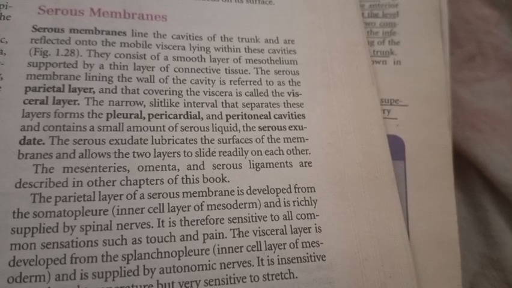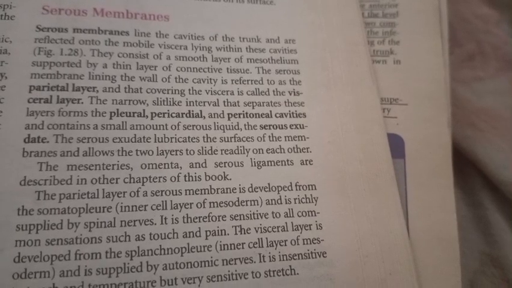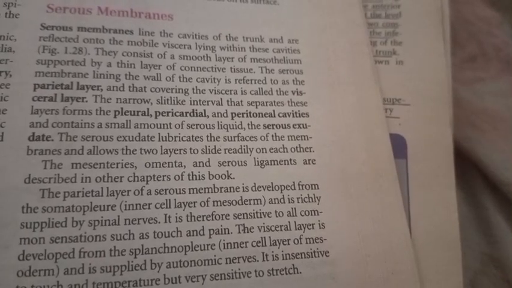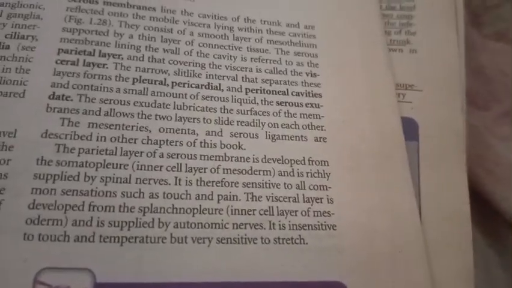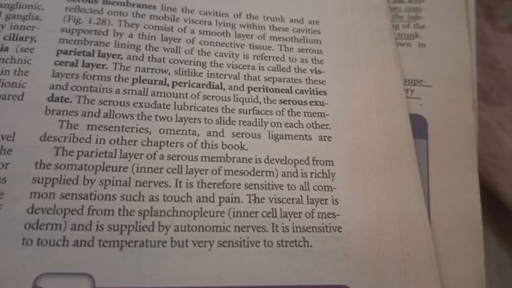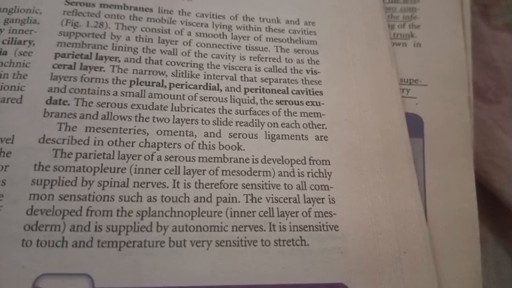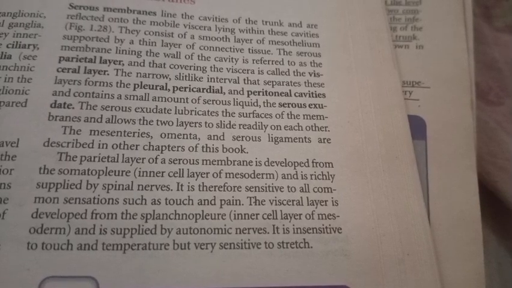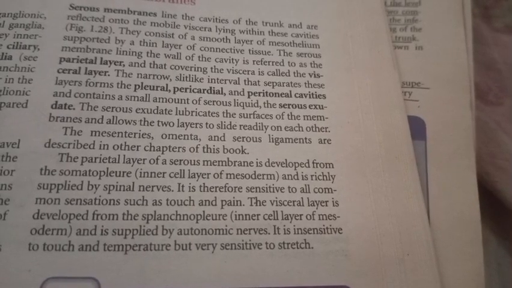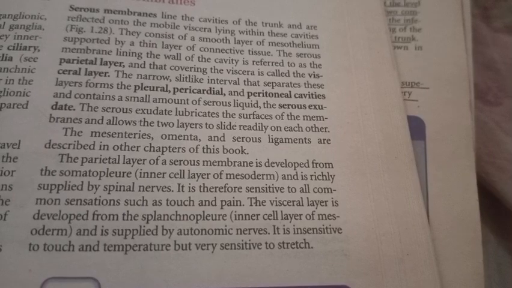Narrow slit-like intervals separate these layers in the pleural, pericardial and peritoneal cavities and contain a small amount of serous liquid.